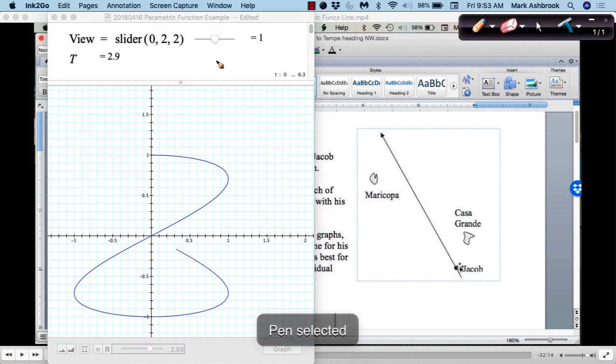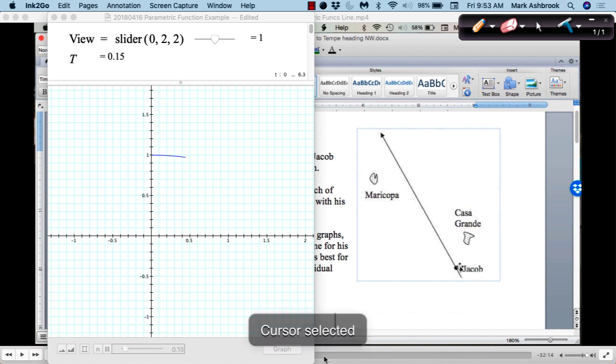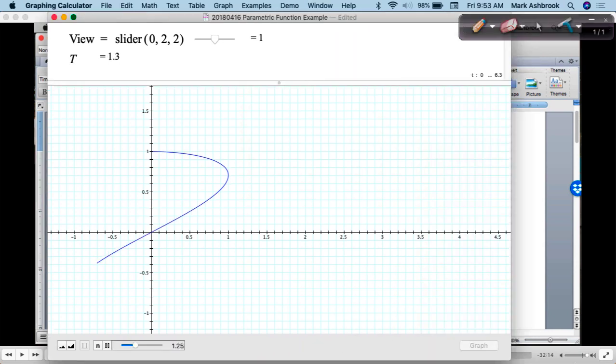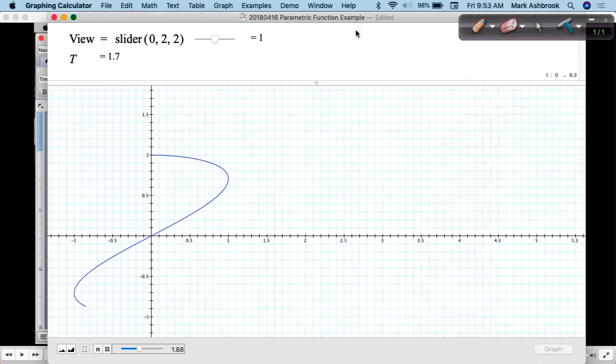So what does that mean? All right, so, sorry, 0 to 4. So this is t varying from 0 to 4.